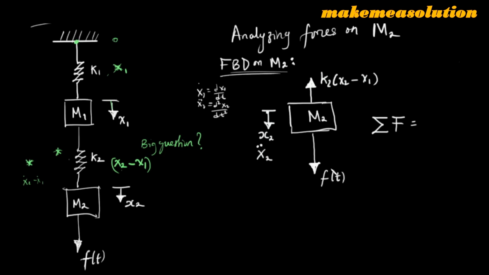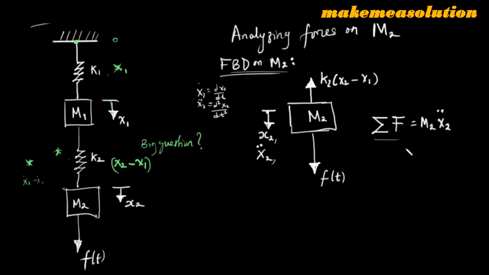So since the direction of the force is in this direction, the direction of the displacement and the acceleration will also be in this direction. So this is the free body diagram, and the summation of all forces acting on m2 should be proportional to the rate of change of momentum, or in other words, mass m2 times acceleration, which in this case is x2 dot dot. Is that okay?